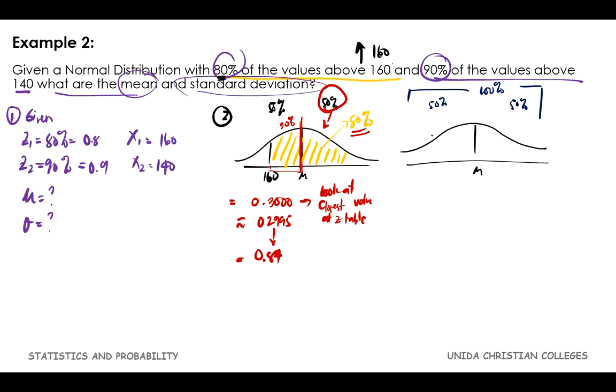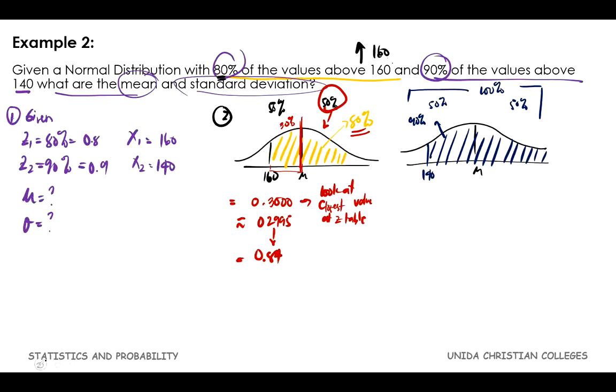Equal sila or ang center nila ay nasa gitna. So, kung 90%, okay, so ito yung values. Sabi dyan, 90% of the values are above 140. Okay, so above silang lahat.